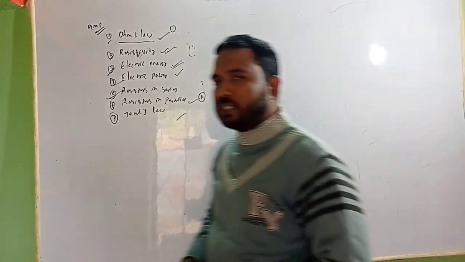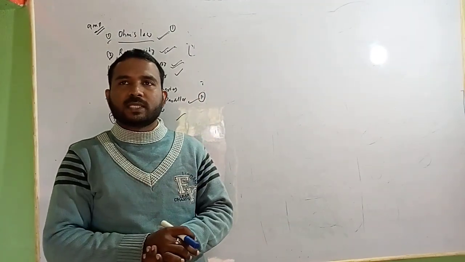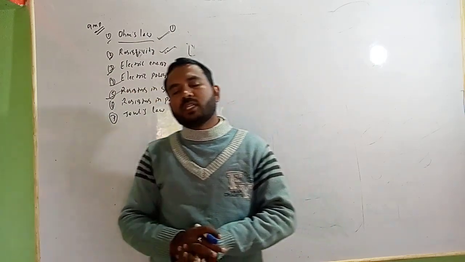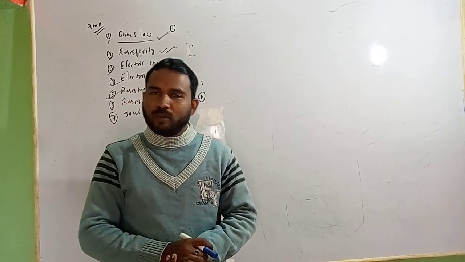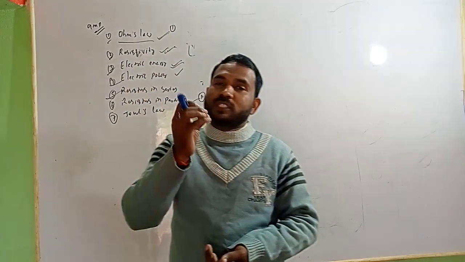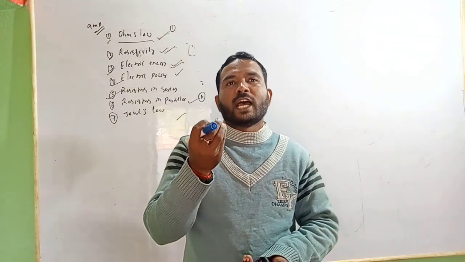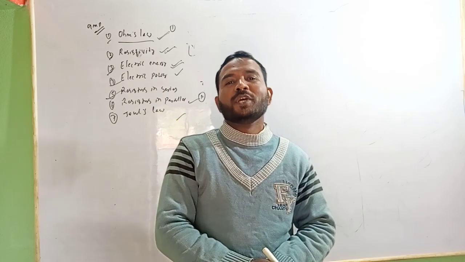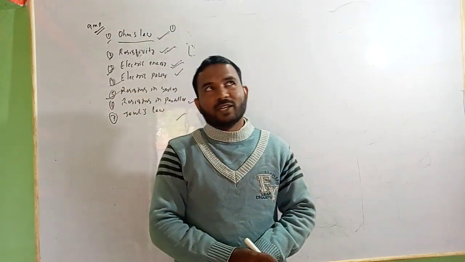A resistor in series means whenever two or more resistors are connected end to end, that is called resistor in series, and the same current passes through all, but the potential will not be the same. Okay, but you know what the resistor is? A resistor is a device which has the function to oppose the movement of the electrons when we apply the potential in the circuit.